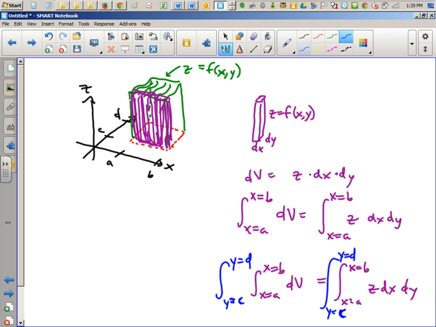I don't know if you remember, I commented that f sub x sub y is the same as f sub y sub x. The partial derivative with respect to y of df dx is the same as the partial derivative with respect to x of df dy, almost always. That's kind of true here too. You can mix up the order. But if the base of the solid is not a rectangle, then you have to be much more careful.